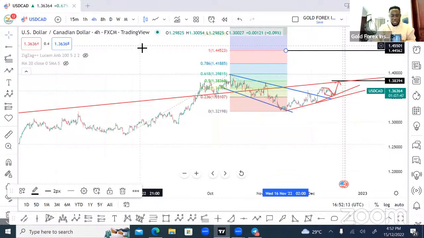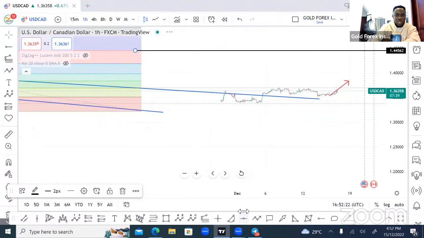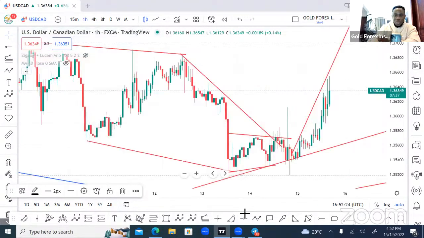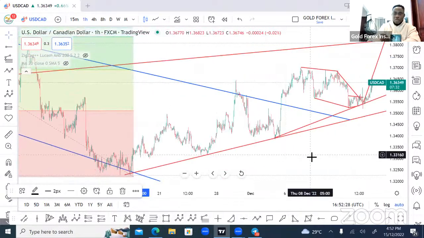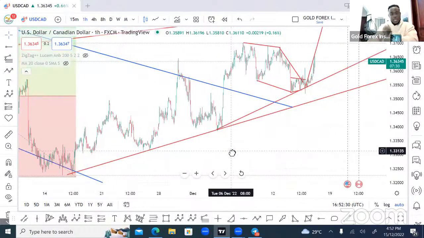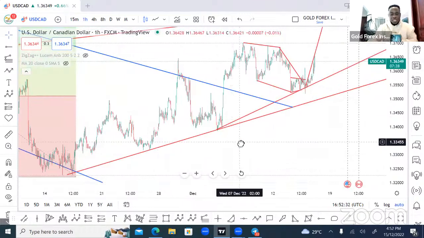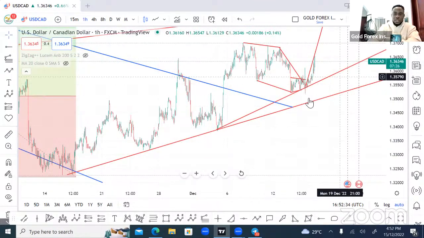We are doing top-down analysis, okay? So we are going to look at what is happening on the lower time frame. Now let's go to 1 hour. I'm a swing trader, so I mostly place my trade from the 1 hour. Now this is the 1 hour time frame. Now remember, we are looking for an impulsive leg, a correction, and another impulsive leg, okay?